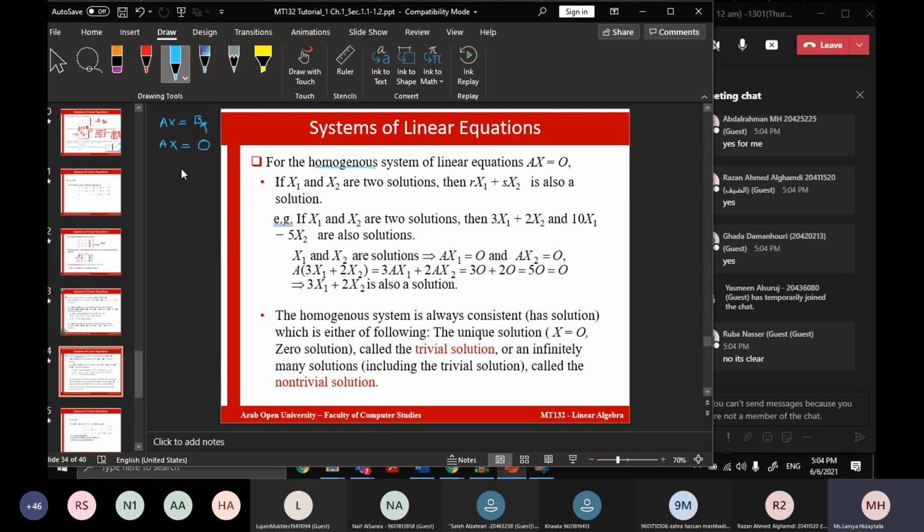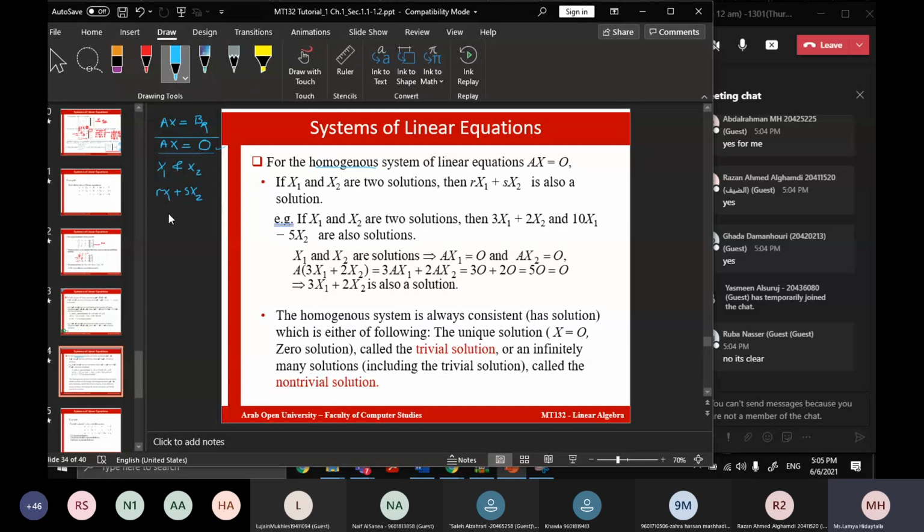Now if it has infinitely many solutions, we are talking about the system that has infinitely many solutions. If in this system x1 is a solution and x2 is another solution, as per the previous, because the homogeneous system is a special case, also that means R x1 plus S x2 is another solution.